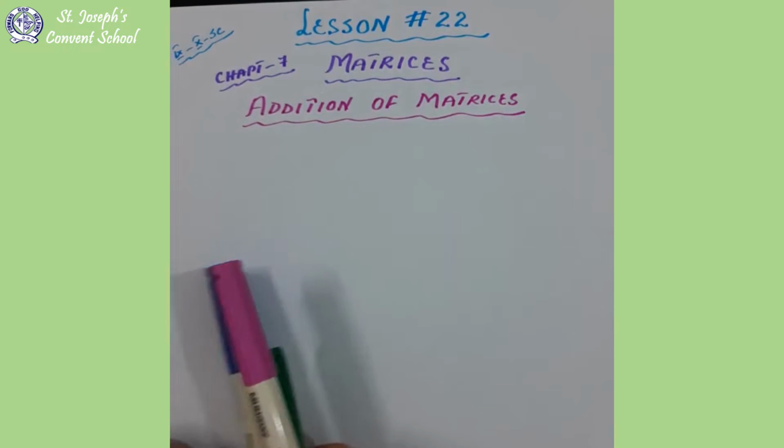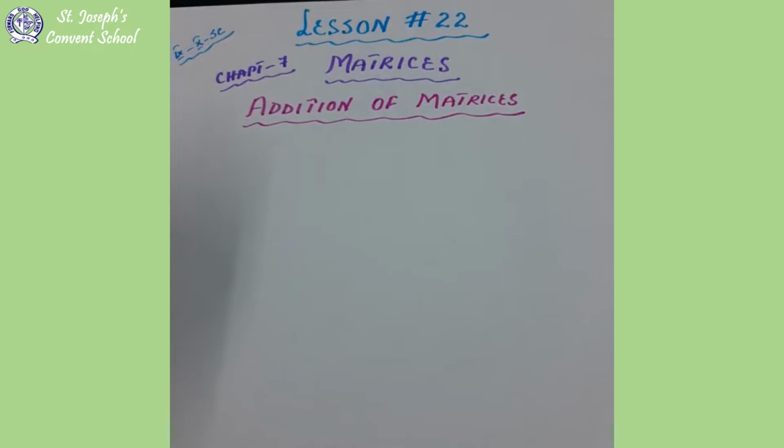Now there is one rule that you have to follow. That is the important rule. The rule is that you have to check the order of the matrix.